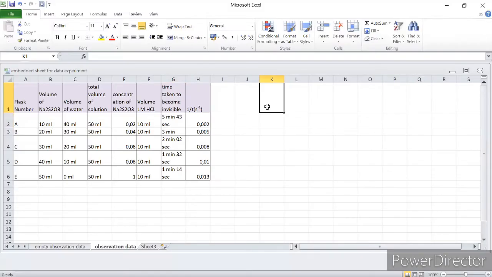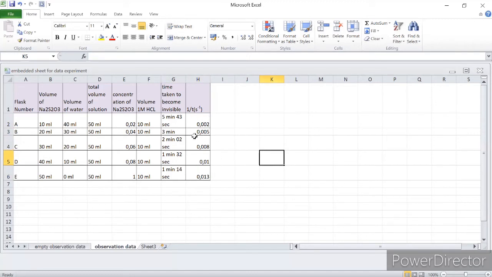This one is the appearance of the observation data in the Microsoft Excel that I made, and I write the time in here that we got before, and we put it into the formula 1/t, and then we got the result of the data.